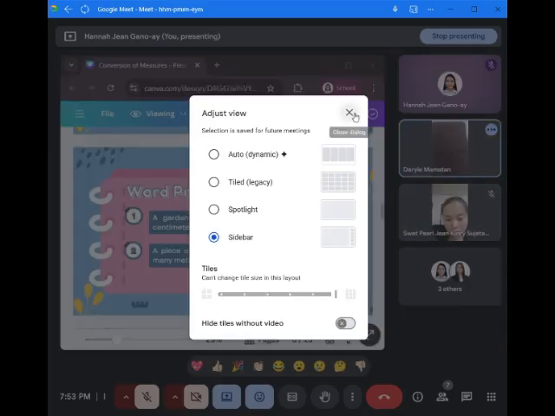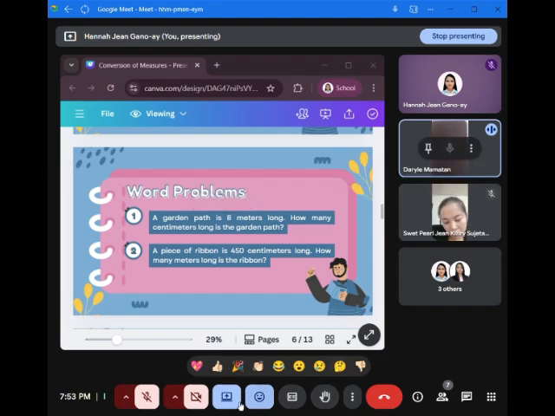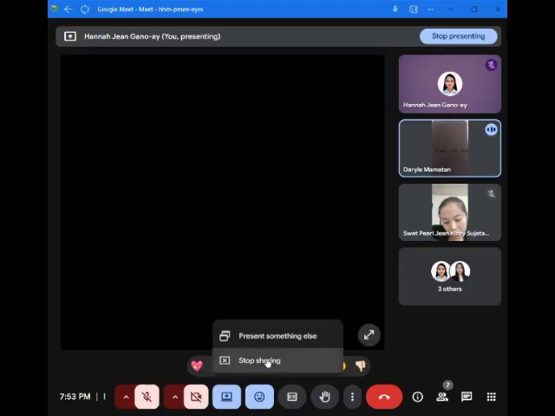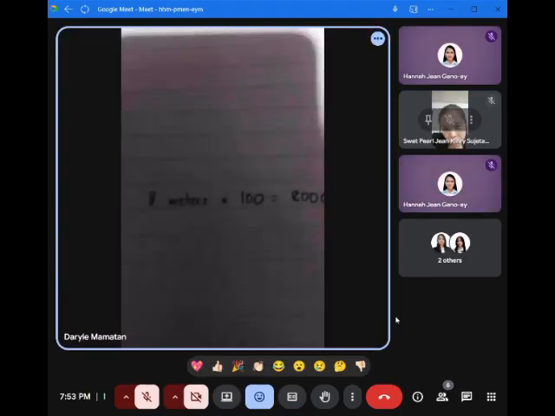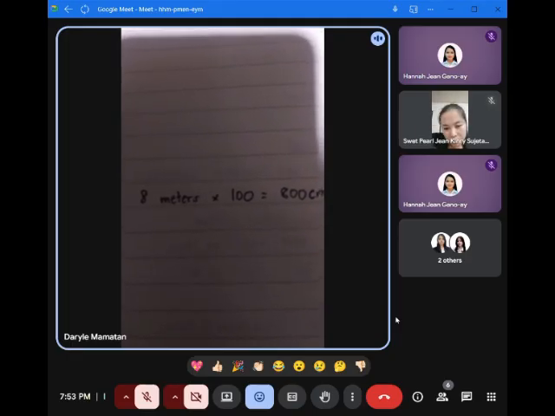Based on the discussion we tackled, each meter has 100 centimeters. So if we multiply 8 meters by 100, it becomes 800 centimeters, and the final answer would be 800 centimeters, ma'am.